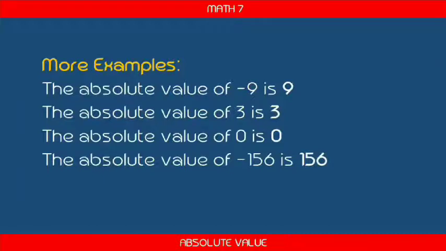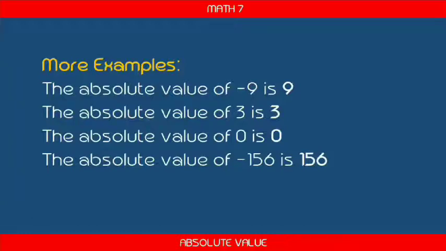The absolute value of 3 is 3 because 3 is 3 steps away from 0. The absolute value of 0 is 0 because it does not go out of its way.